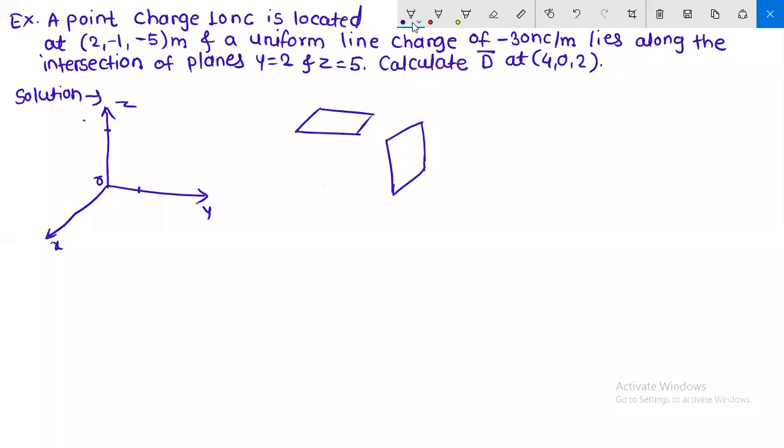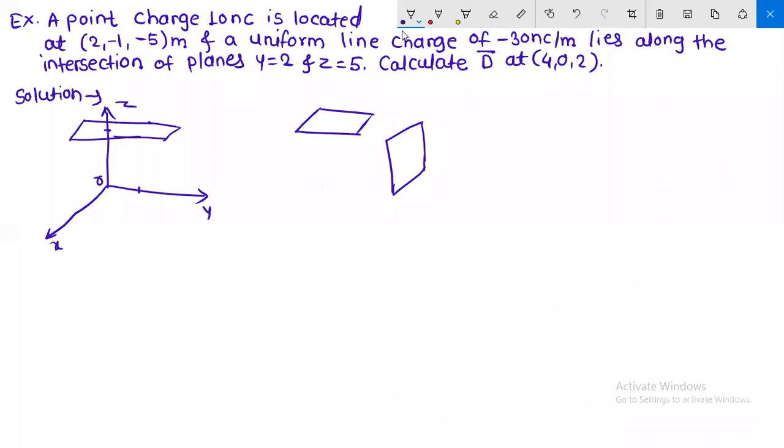Suppose this plane is z is equal to 5. We have to intersect, that's why I'm increasing the length. And the second plane is y is equal to 2.